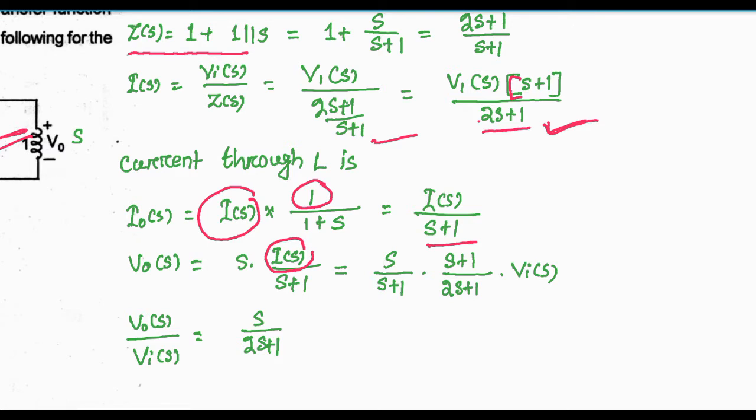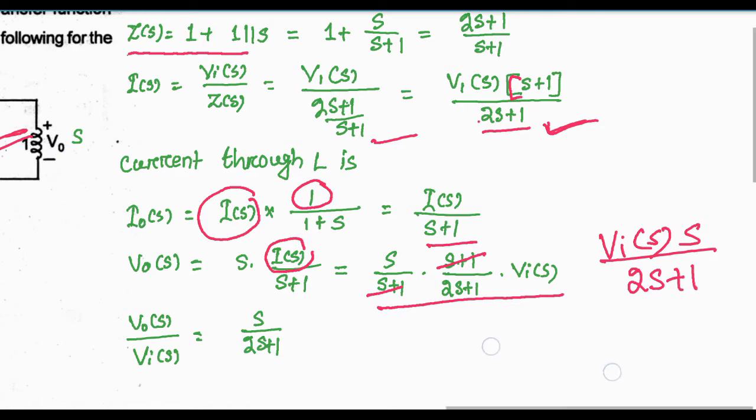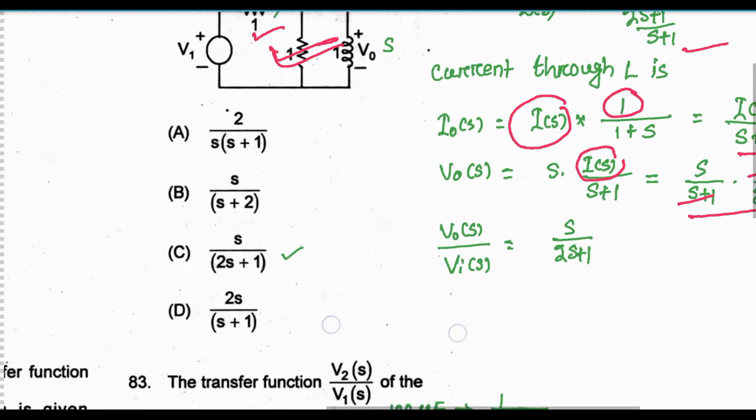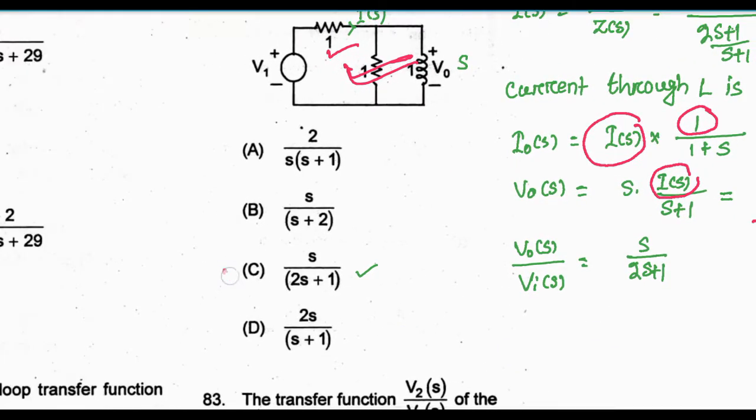If I put this one, this will be s/(s + 1) into (s + 1)/(2s + 1), and here (s + 1) will be cancelled out, and there will be s/(2s + 1) into Vi(s). If we divide this by Vi(s), it will be cancelled out, and only s/(2s + 1) will be remaining, and that is the transfer function. Option C is the correct answer, s/(2s + 1).